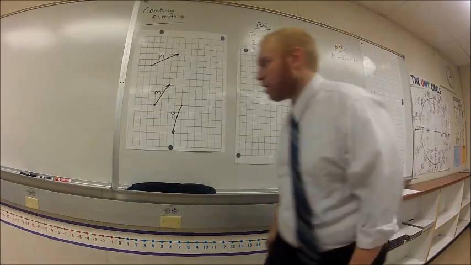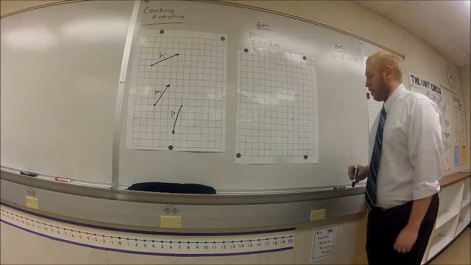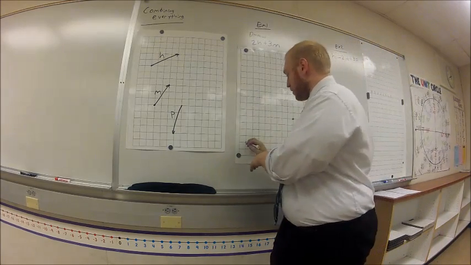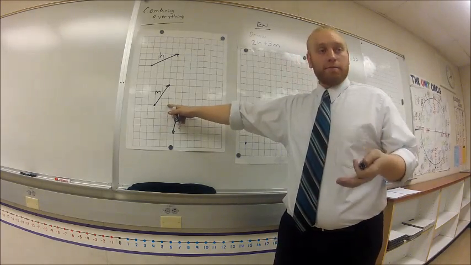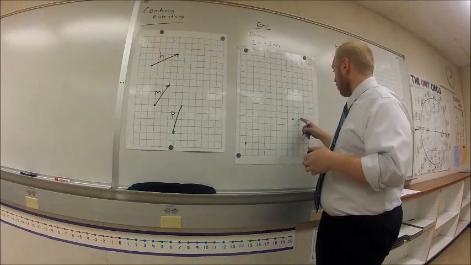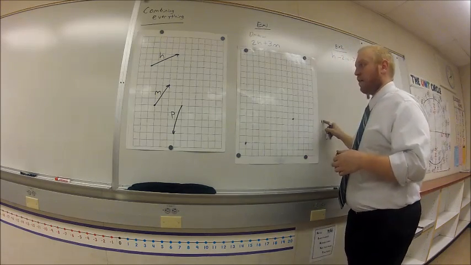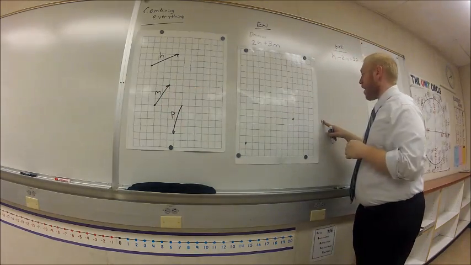From there, we are going to do 3m. 3m is going to take the distances of m multiplied by 3. So it's going right 2 times 3, which is right 6. 1, 2, 3, 4, 5, 6 out here. And then it goes up 3 times 3, which is up 9.